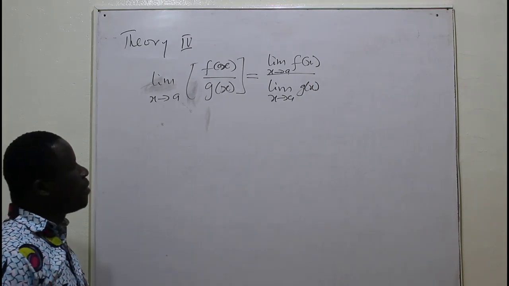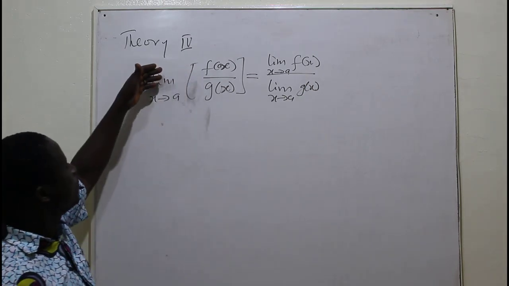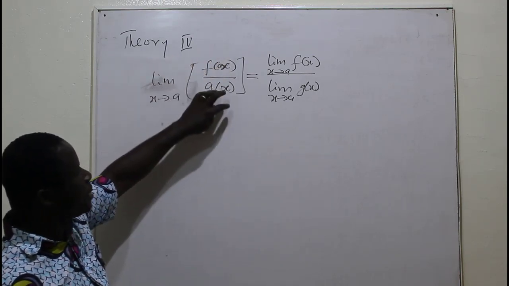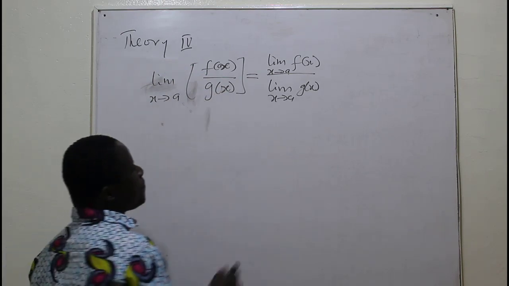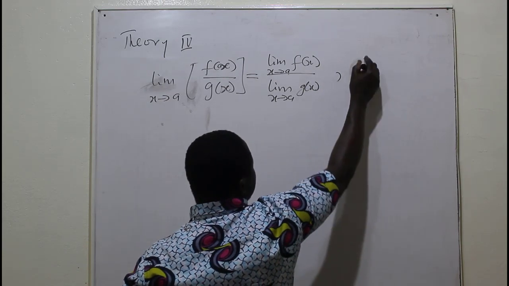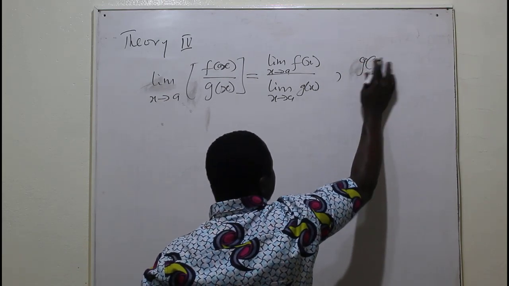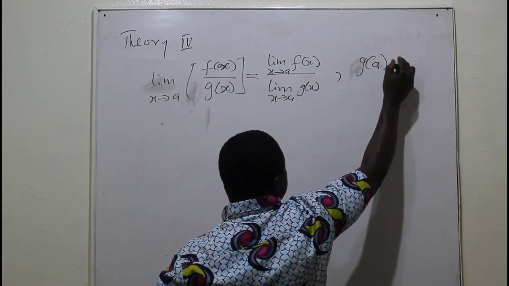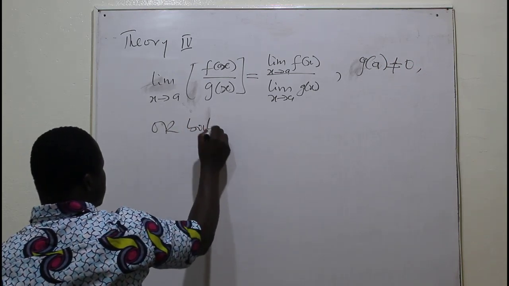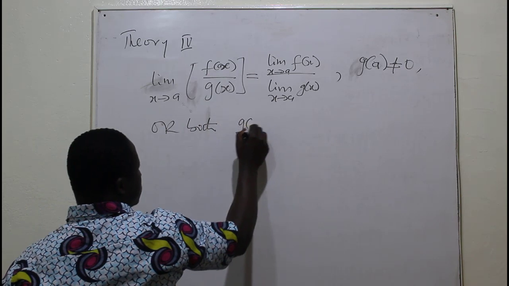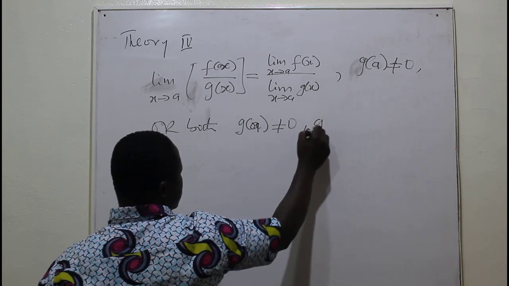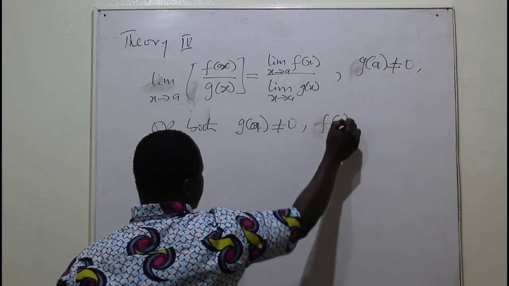What it means is that if you have a rational function, you find the limit of the numerator, and the result is divided by the limit of the denominator, provided g of a is not equal to 0, and f of a is also not 0.